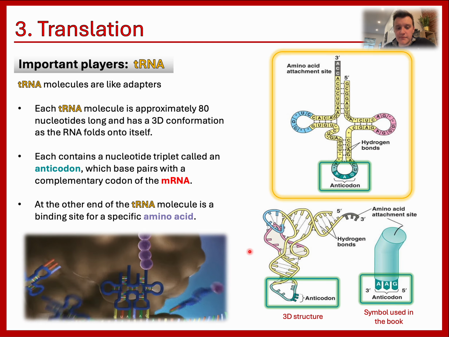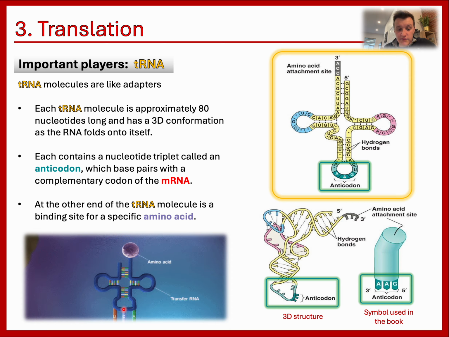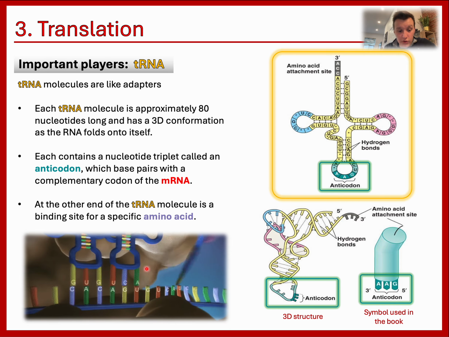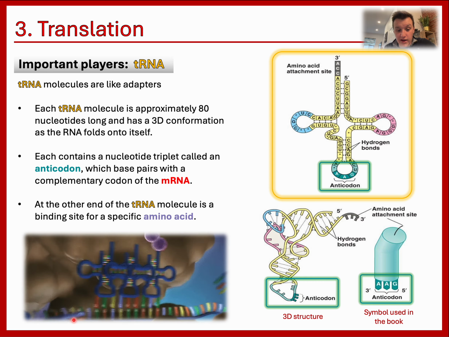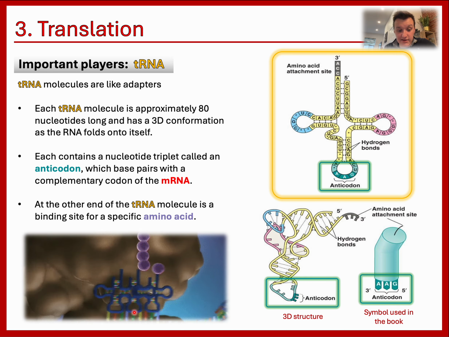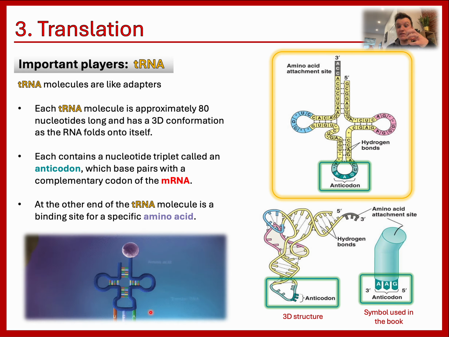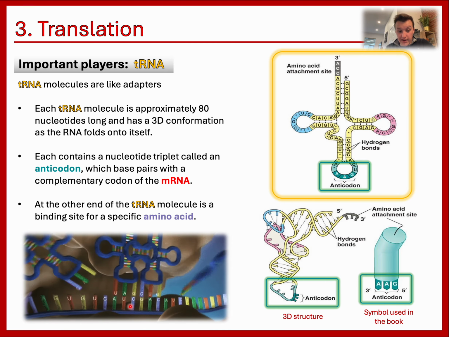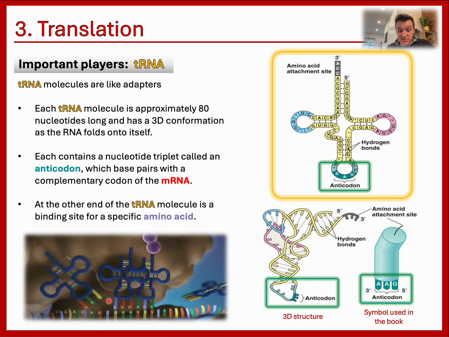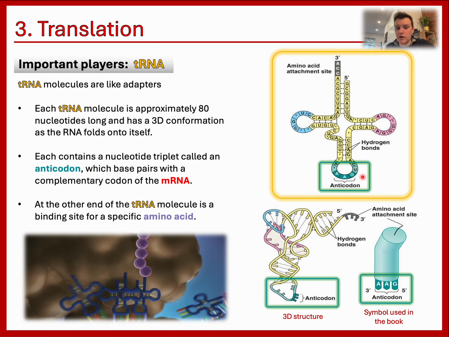Here, in my little video, you see the tRNA has an anticodon that matches our mRNA in the ribosome. Here's the mRNA codon, and it matches to the anticodon region.